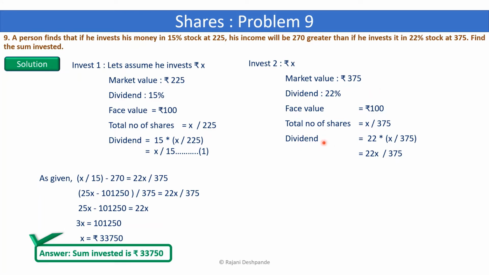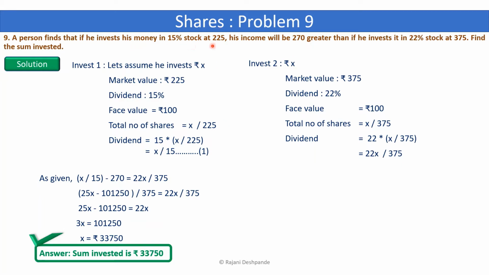The dividend we have to calculate on the face value, so it is rupees 22, and the total dividend will be 22 into the number of shares, so 22 into X upon 375. So it is 22X upon 375. Let us call this equation 2.